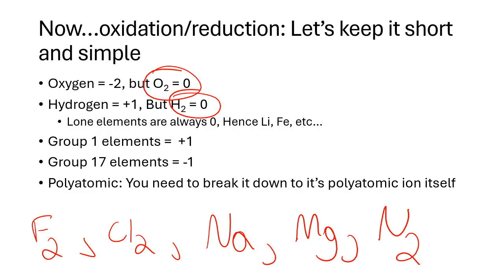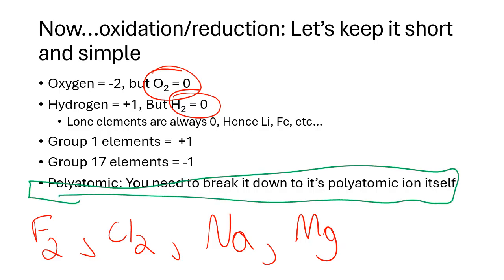But if it was by itself, it's going to be a 0. Group 1 elements are +1, group 17 elements are -1. Polyatomics sometimes need to be broken up, but we'll do examples that show that.